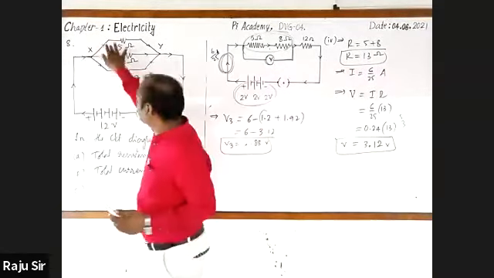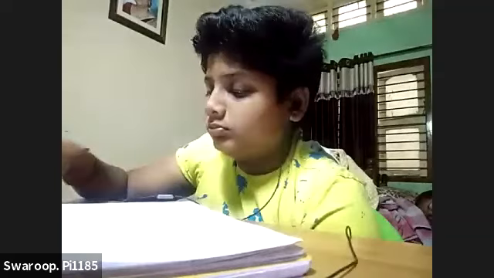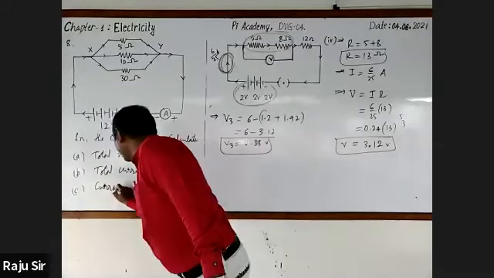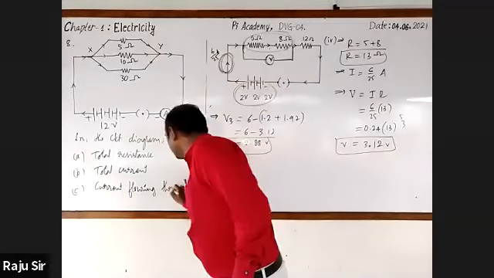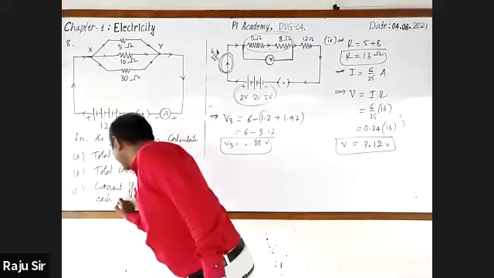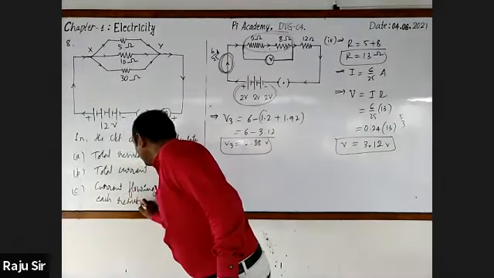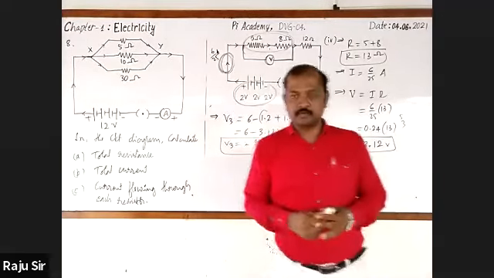Hence, we are going to find out the current flowing through each resistor.